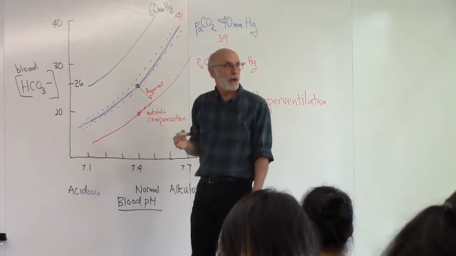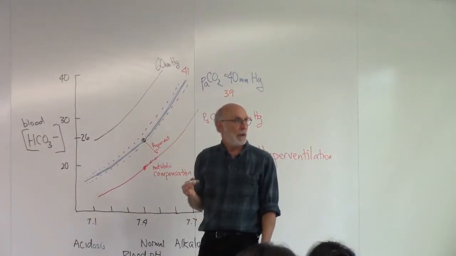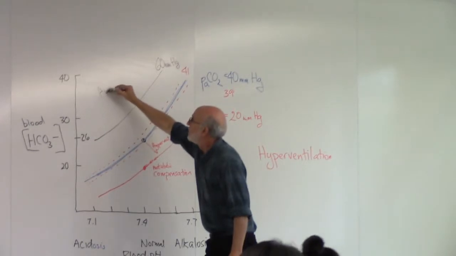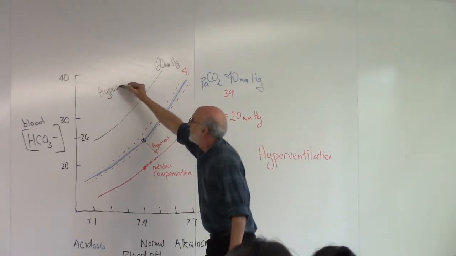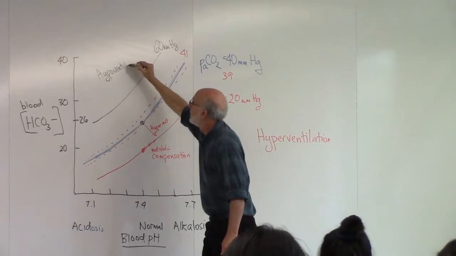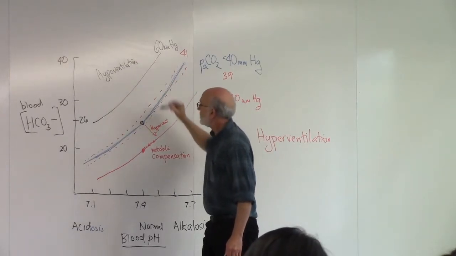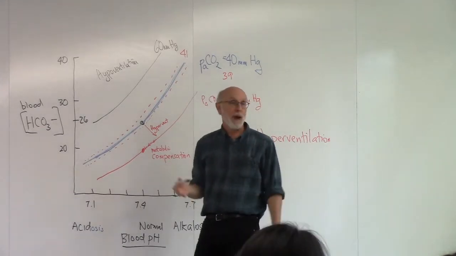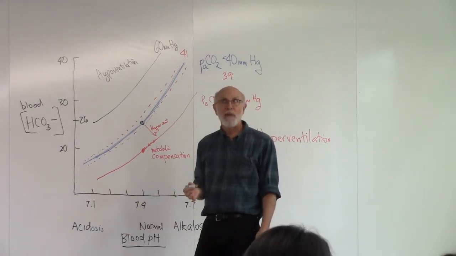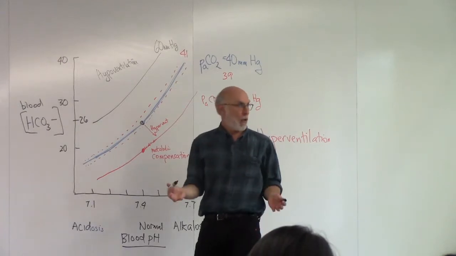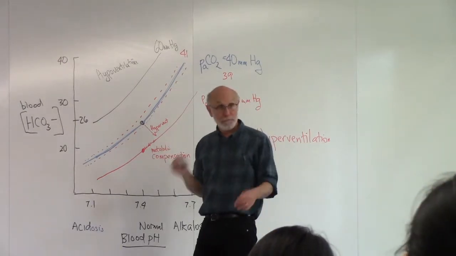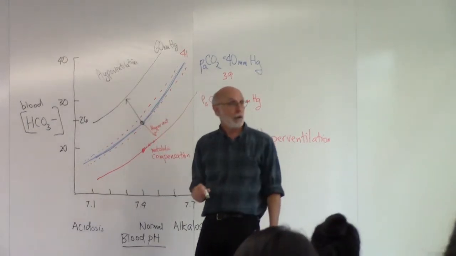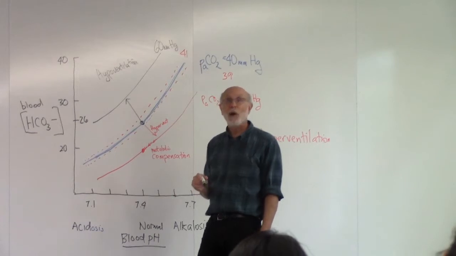High partial pressure of CO2 means we are hypoventilating. And if we started normal and we started holding our breath or exercising without breathing more, we would be hypoventilating and we would move. So this is the curve that we follow when we hypoventilate.